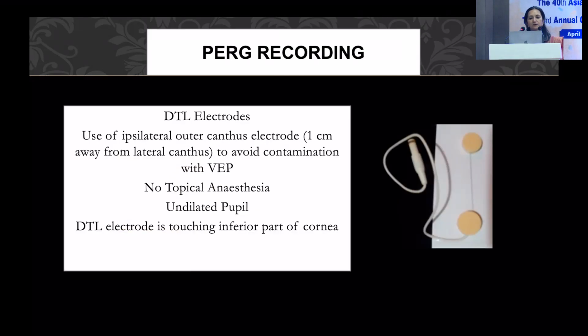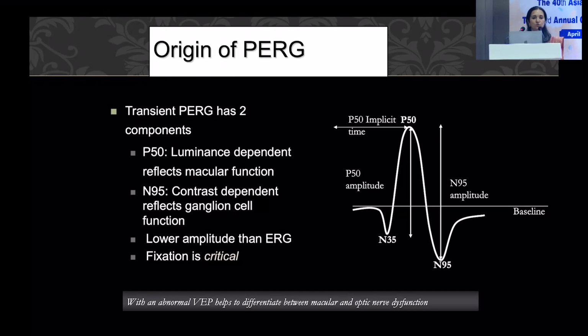It is recorded by using foil electrodes, with two components, the P50 and N95. The importance of pattern ERG is that it delineates macular dysfunction from optic nerve dysfunction, where P50 shows you the macular dysfunction and N95 shows you the optic nerve dysfunction. In optic nerve diseases, selective loss of N95 will happen.